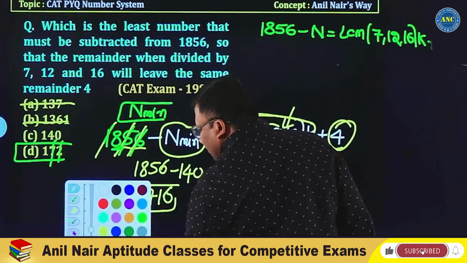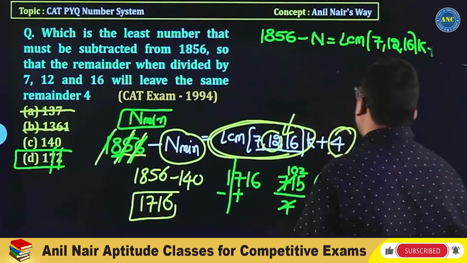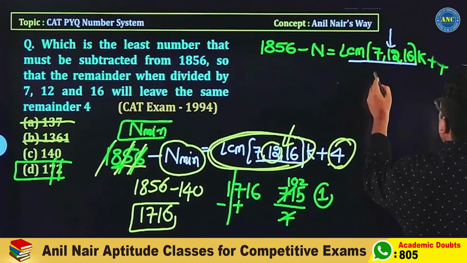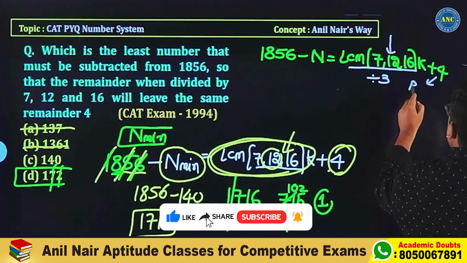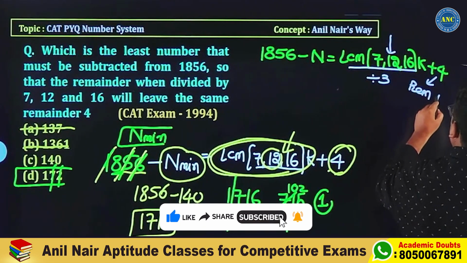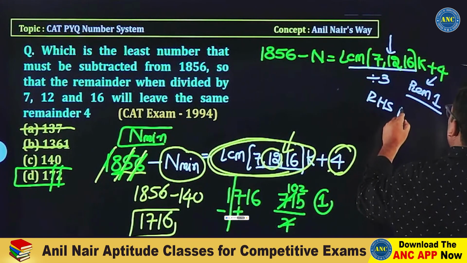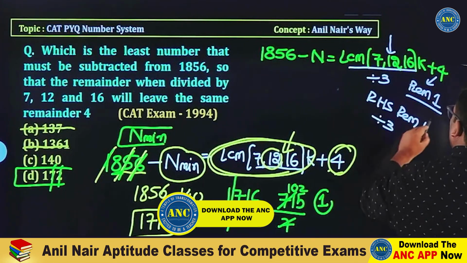I told you in the first session, prime numbers are an extremely important concept. 12 is divisible by 3. 4 when divided by 3 leaves remainder 1. That means the right hand side, when divided by 3, leaves remainder 1.